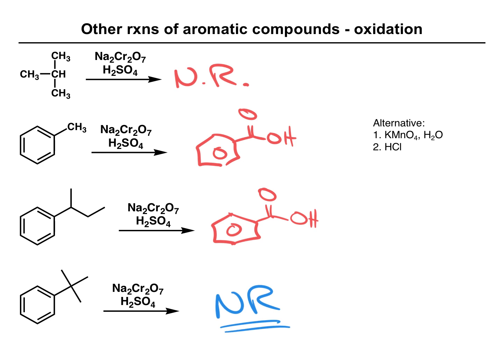So what's necessary here? Okay, we have to have benzene. If there's just the alkyl positions, then we get no reaction. But with benzene next to it, what do we have here? This is a benzylic position, and we have, in this case, 3 benzylic hydrogens. Here we have 1 benzylic hydrogen, and in both these cases the reaction works. Here there are no benzylic hydrogens, and there's no reaction.